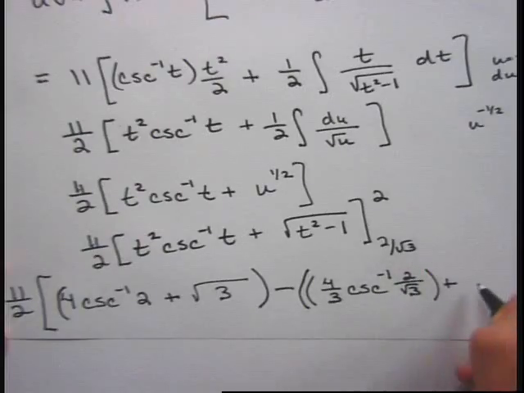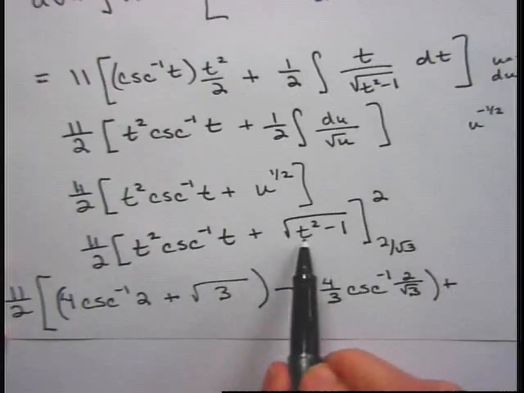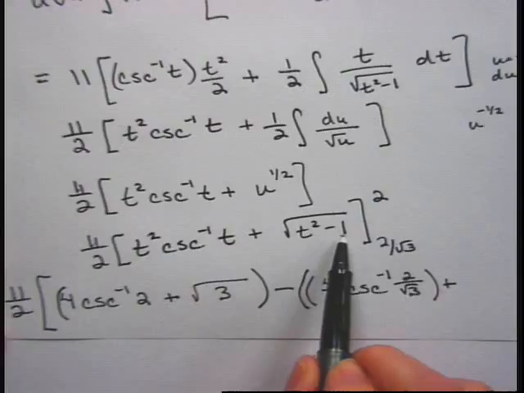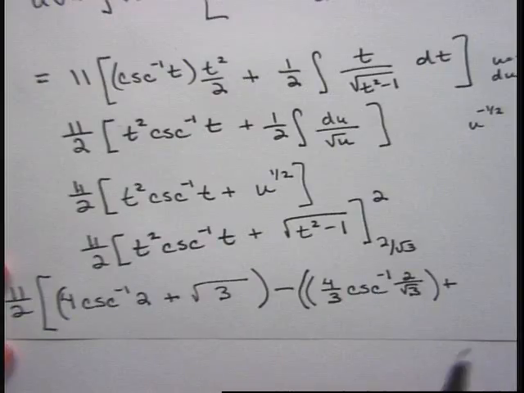You take the square root of that, which is the square root of 1/3, which is the square root of 3 over 3.